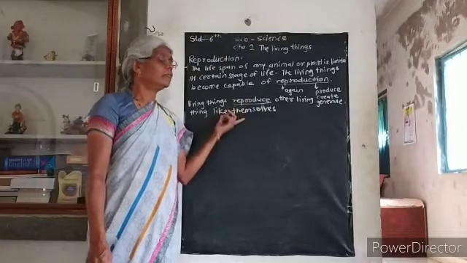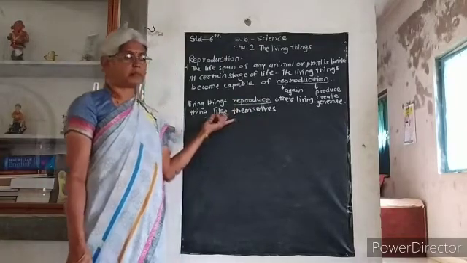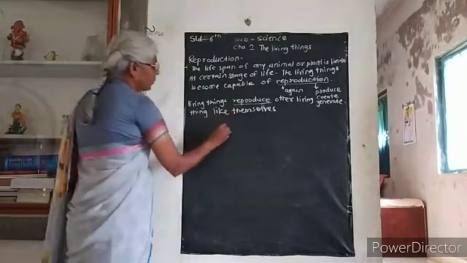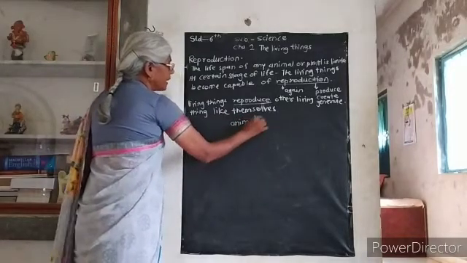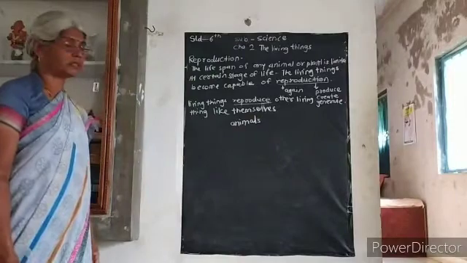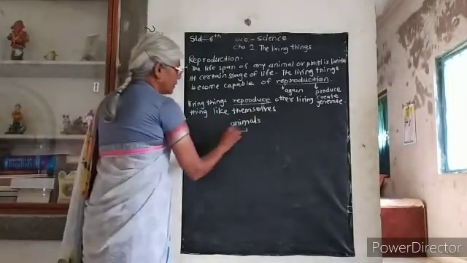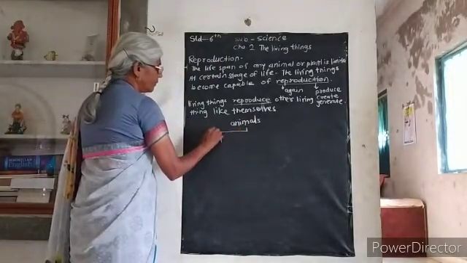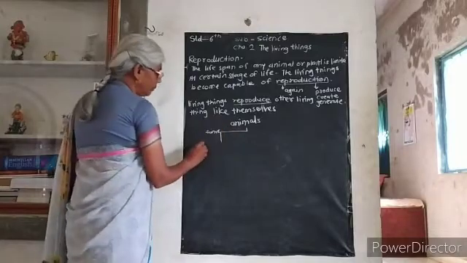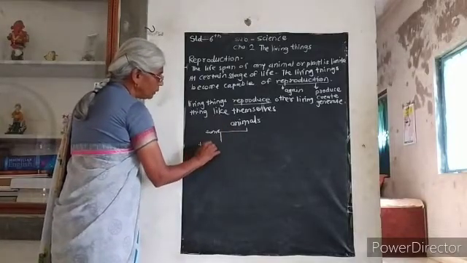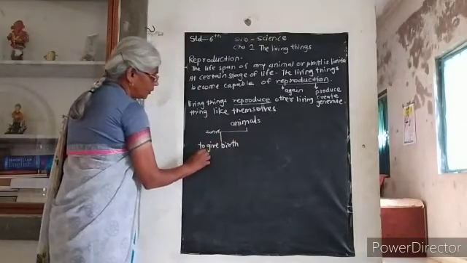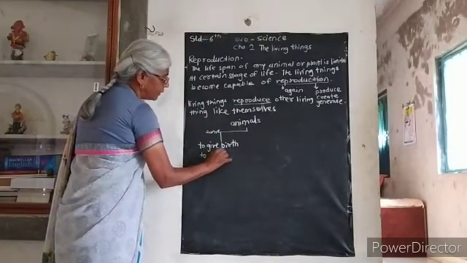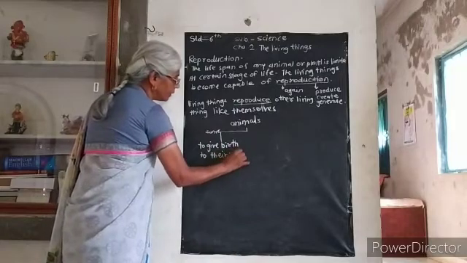We explain that sentence with some examples. In case of animals, the animals reproduce in two ways. Some animals give birth to their infant, their young one.